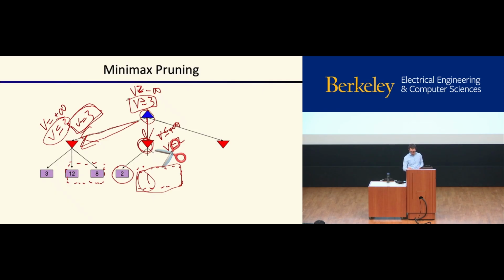We can go over to this successor, and on this successor, we're going to initialize the value to be less than or equal to positive infinity. We look at its children. Okay, now the value is less than or equal to 14. Do we have to keep evaluating?